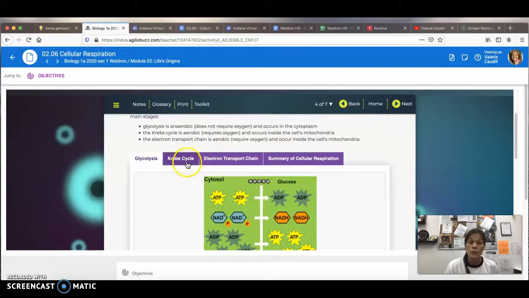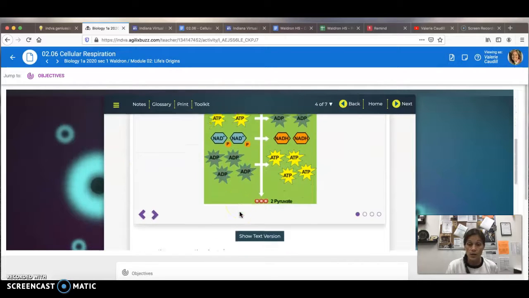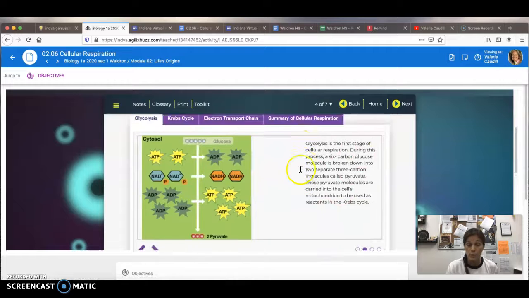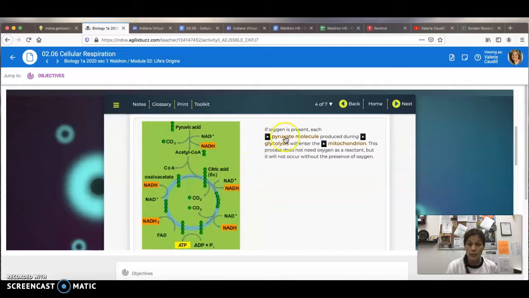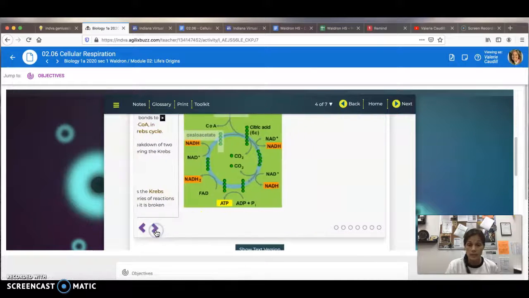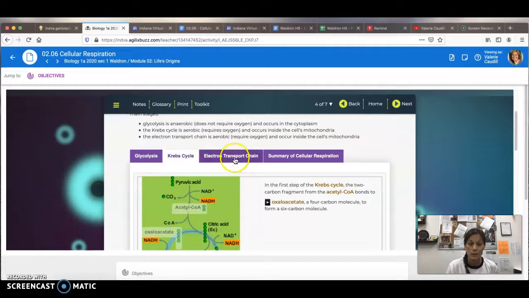Okay, so next we get the stages of cellular respiration. We have glycolysis, so you have a picture here and you have some arrows to scroll through and some descriptions there as well. The Krebs cycle, okay, and you've got some interactive things here, some different slides within this topic on the Krebs cycle as well.